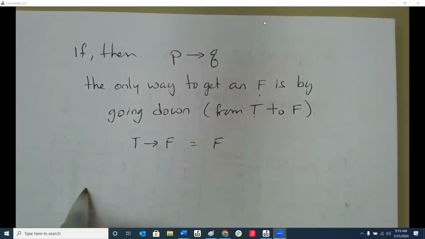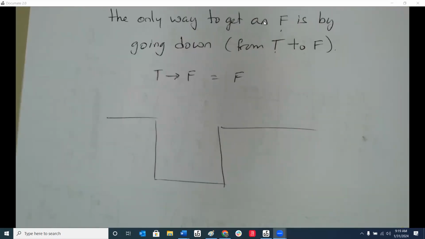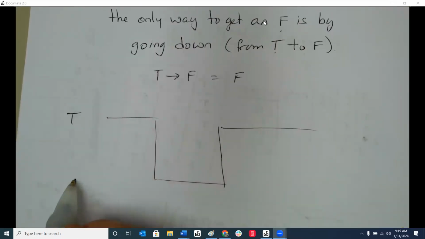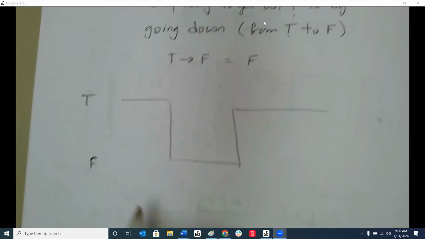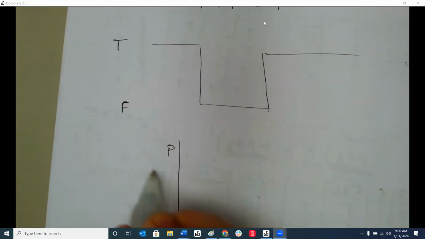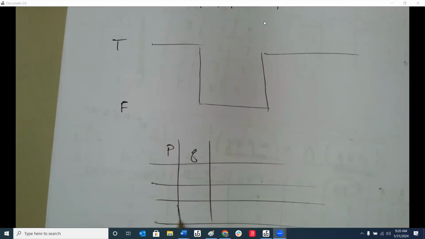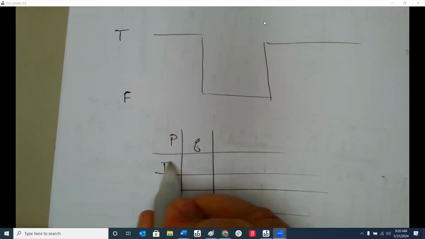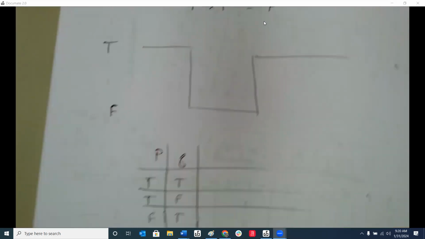Think in business. This is my example of a conditional. This is true and this is false. True is good, false is bad. And if you're in business, we have true, true, true, false, false, true, false, false.